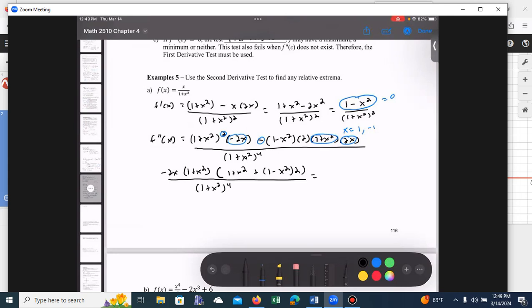So we get one of those to cancel. Then in the parentheses you'll have, let's see here, this is going to be 2 minus 2x squared. We'll have 3 minus x squared.